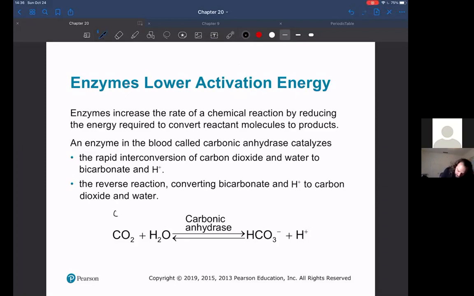So this would be CO2, this would be H2O, and then over here we have bicarbonate and a proton. Right, so we've broken and made new chemical bonds, converting from reactants to products. Again, this is something that would take place naturally, but if your cell wants to fix carbon, put it into solution, right? Your blood and your other cellular fluids. It can do it on the fly with the carbonic anhydrase.